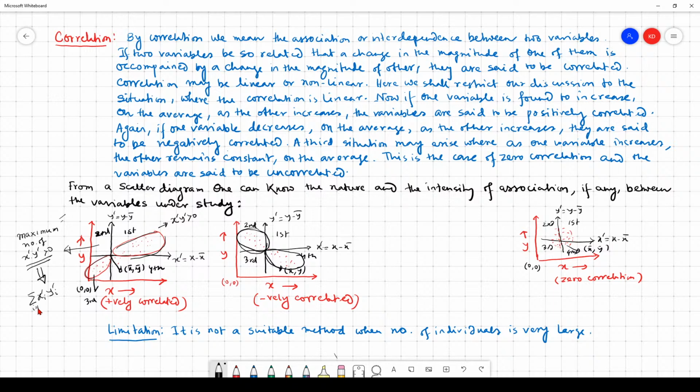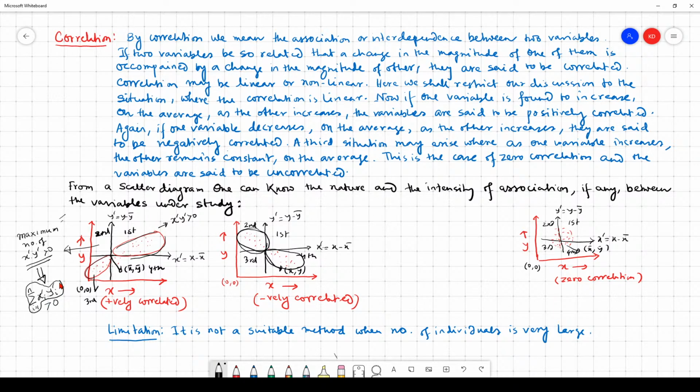So if you take the sum, then this should be greater than 0, because maximum number of x dash y dash are greater than 0. This implies the sum over i from 1 to n of xi dash yi dash should be greater than 0. Mind it, one point you should remember, there is no outlier, that means there is no abnormal observation present in that situation.